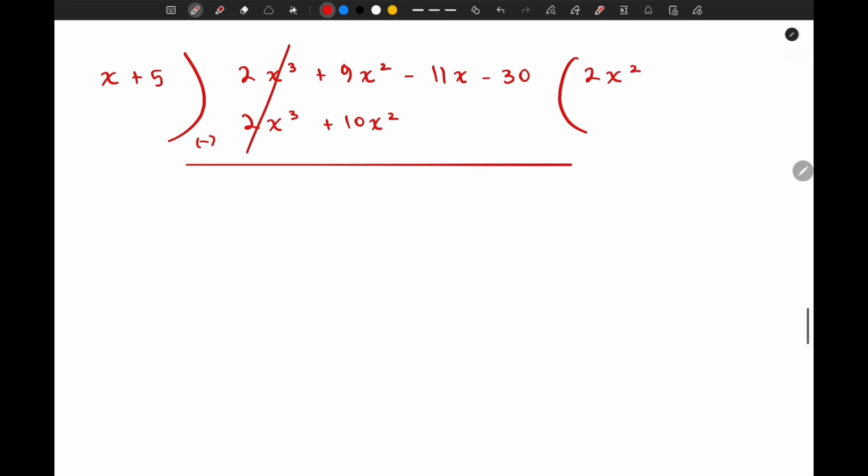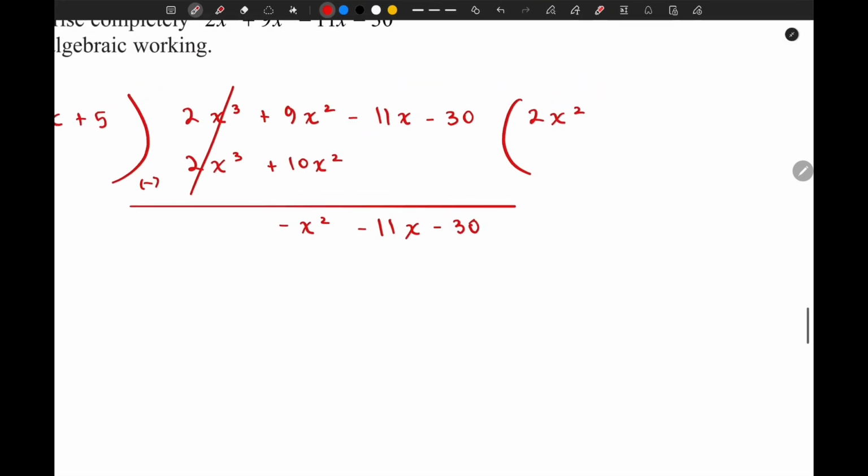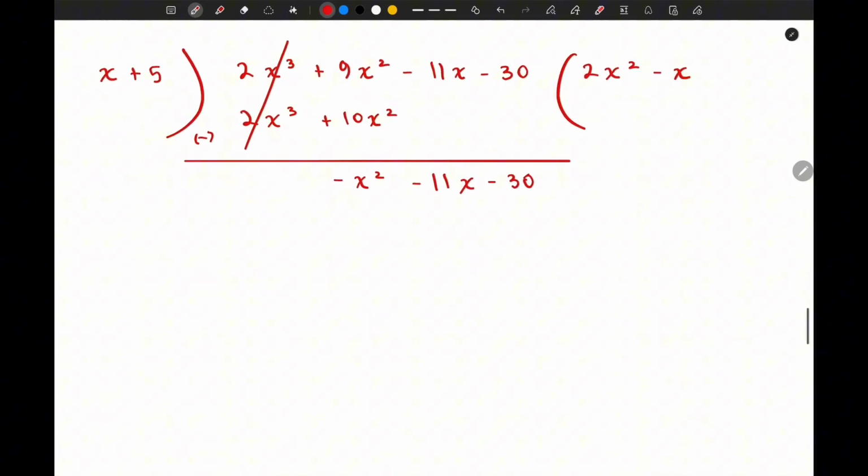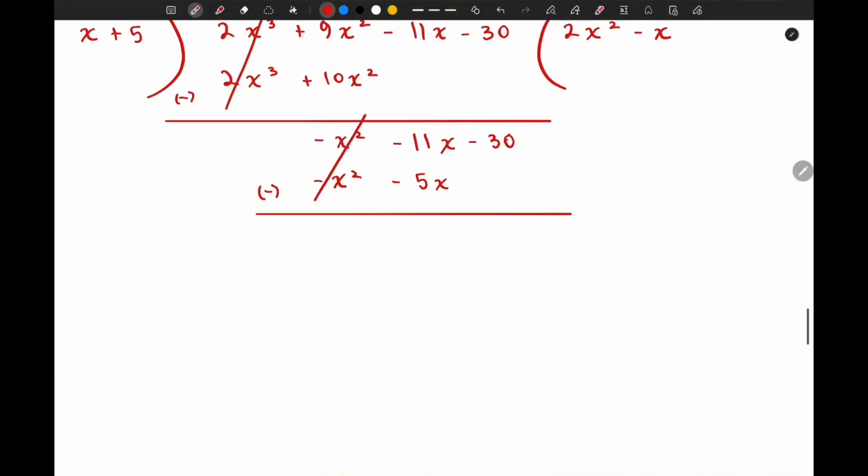And 9 minus 10 would be minus x squared minus 11x minus 30. Now I just need to eliminate minus x squared. If I multiply this whole value by minus x, I will get minus x squared minus 5x. So this has also been eliminated.